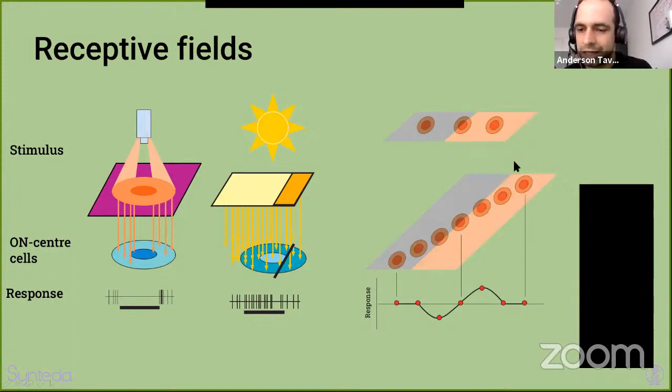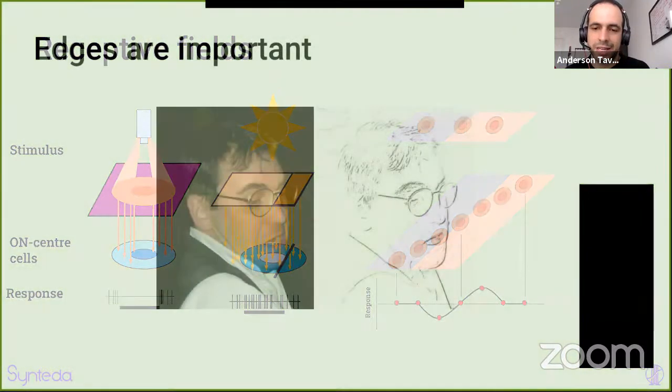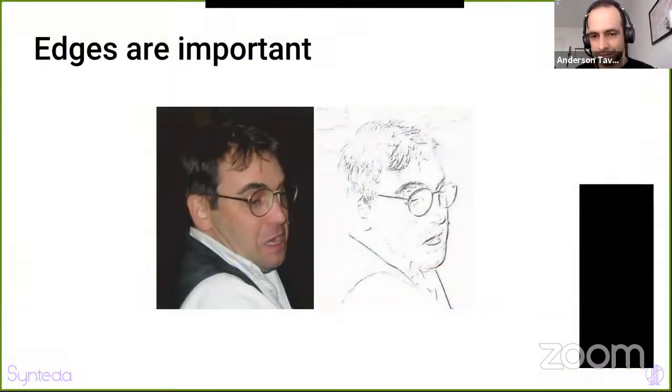But along the edges, we have some behavior that happens because of the inhibitory region, or because of a lack of illumination in part of the inhibitory region. So this might indicate a possible edge. And this means that the brain only looks at edges in this case. So we could say that edges are really important to recognize objects. You can see here that only using edges we can recognize that it's a face.